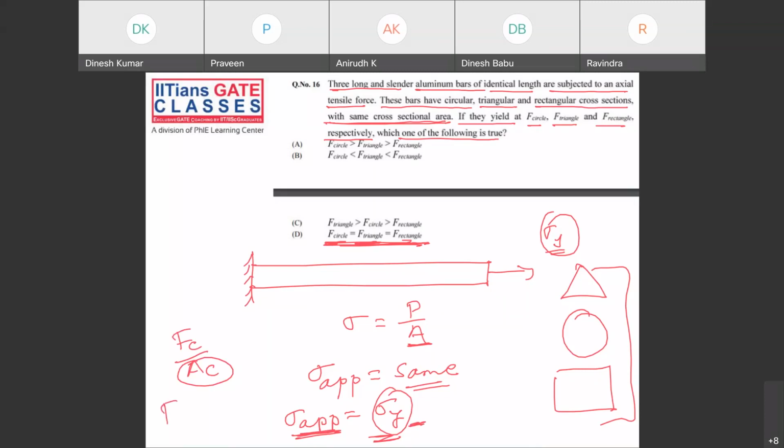So my F circle is coming as sigma y into A, same way F triangle is also sigma y into A, and F rectangle is also sigma y into A. So finally F circle is equal to F rectangle is equal to F triangle. This is what is true.